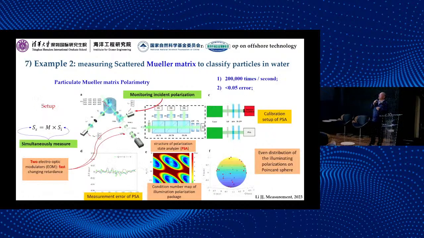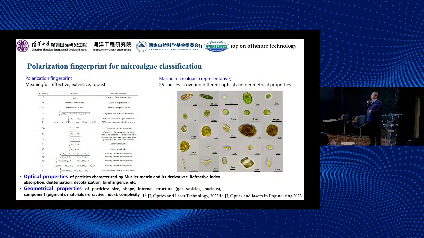The second example is that we measure the Mueller matrix, and we can classify a lot of microalgae, and we propose a concept of polarization fingerprint.